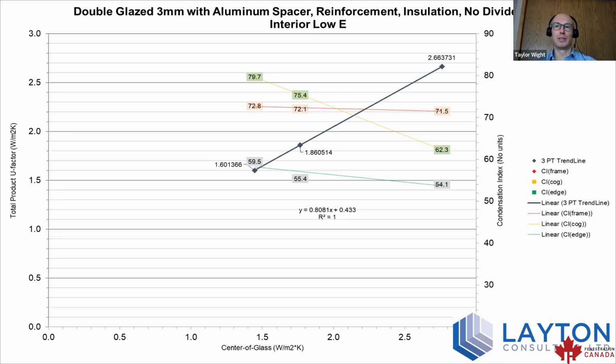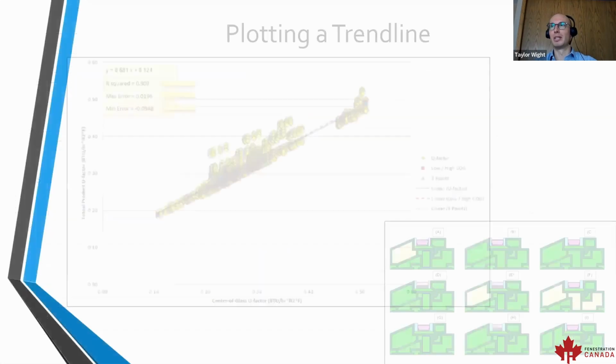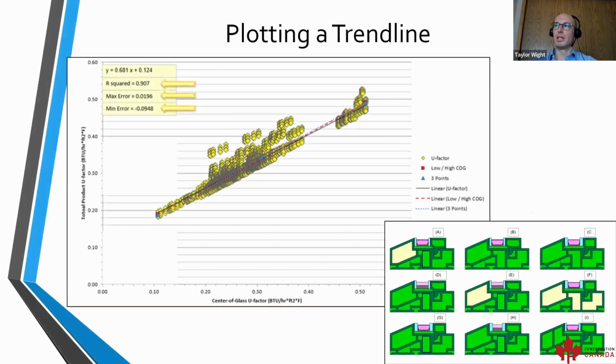The reason we need to get so specific is because if you look at this plot, all of those points would be all of the different ratings for all of the different windows in a product line.